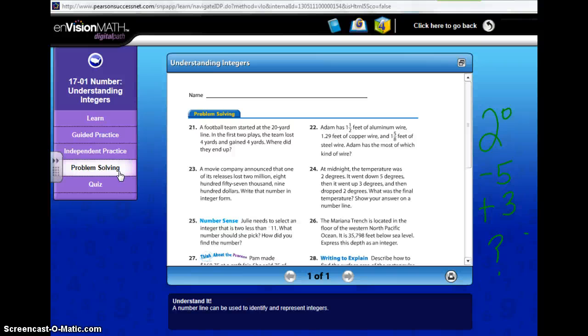I need to see the new temperature on your board. Daffodil. The answer should be 0 degrees.